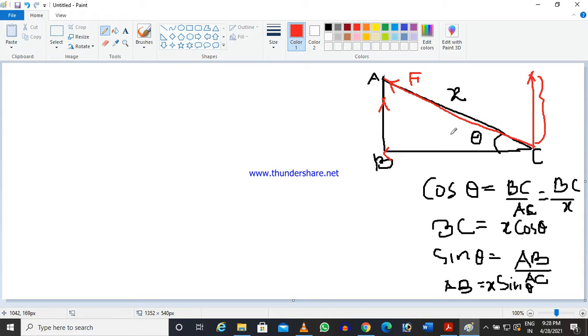So if a force is represented by the hypotenuse of this triangle, the horizontal component, that means the component along CB, will be the cos component of F, and the component along the vertical axis should be F sin theta. Okay, so this concept will be needed.